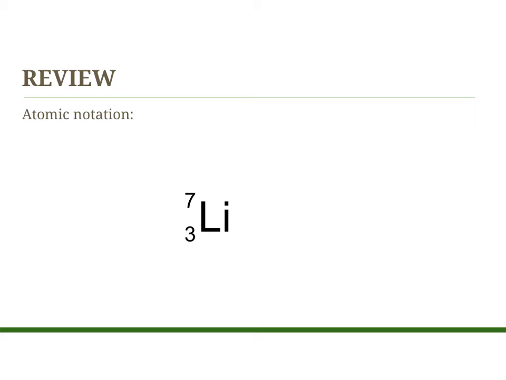Another thing that we need to keep in mind is the atomic notation as you're given it. So the number 7 on the top is known as the mass number. And the mass number is equal to the number of protons plus the number of neutrons in the nucleus of the atom.